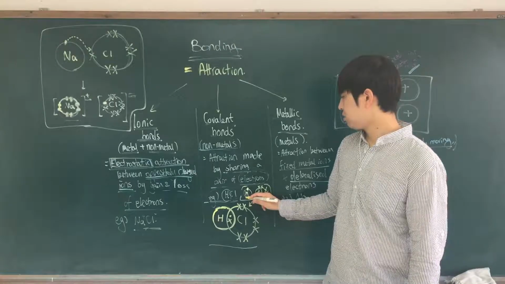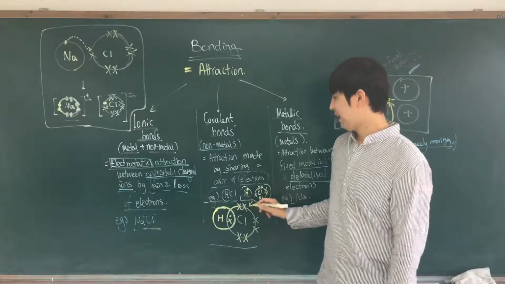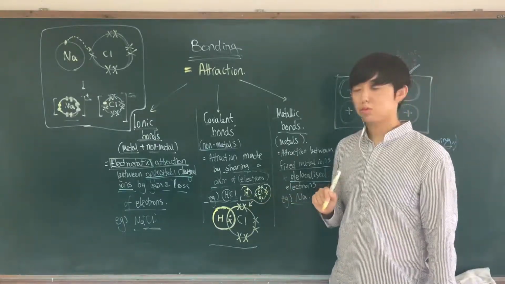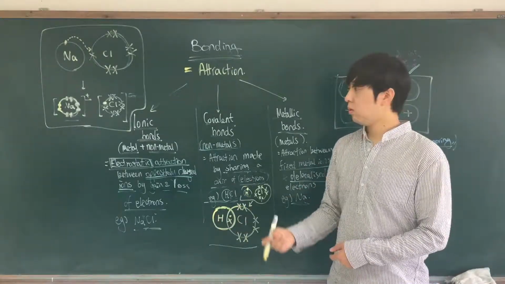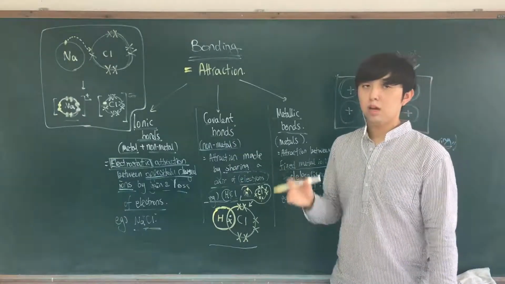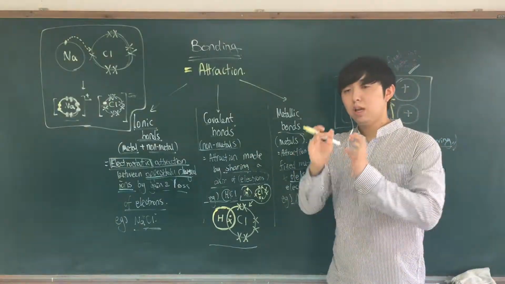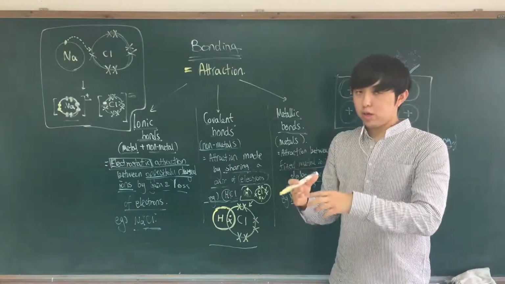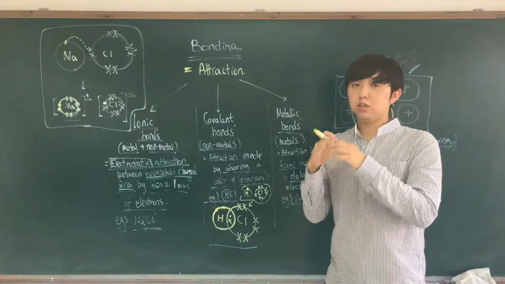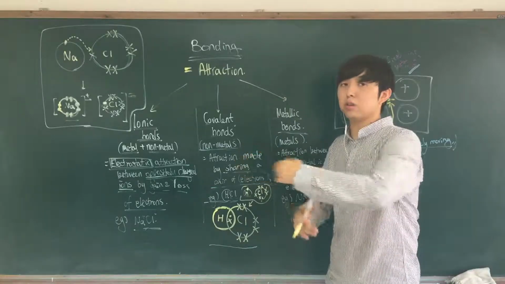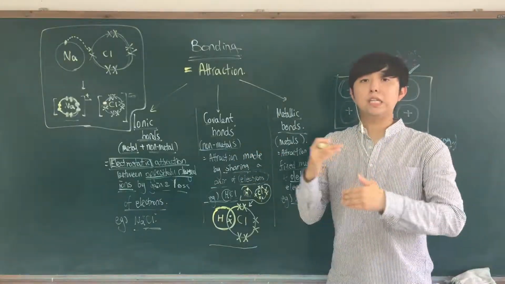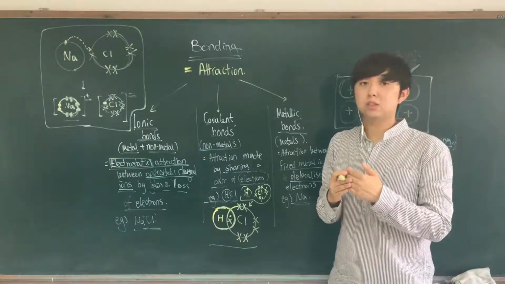H has 1 electron in the outer shell, and Cl has 7 electrons. This hydrogen needs another electron to become stable, and unlike the other atoms, hydrogen has only 1 electron shell, and it only needs 2 electrons to become stable. If you go to the second shell and third shell, for other atoms you need 8, but at the beginning, you only need 2.